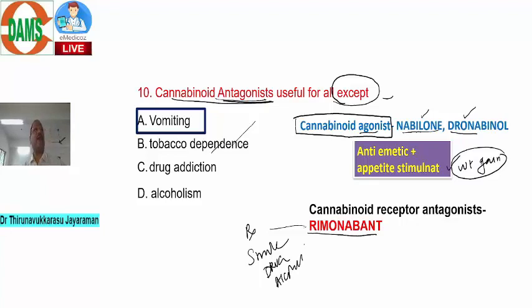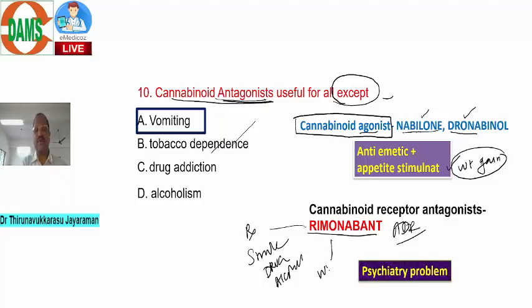That's rimonabant. But rimonabant causes the adverse effect of too many psychiatric problems. So this drug was withdrawn from the market because of causing psychiatric problems. Anyway, don't get confused with the agonist and antagonist. That's why I framed this question.